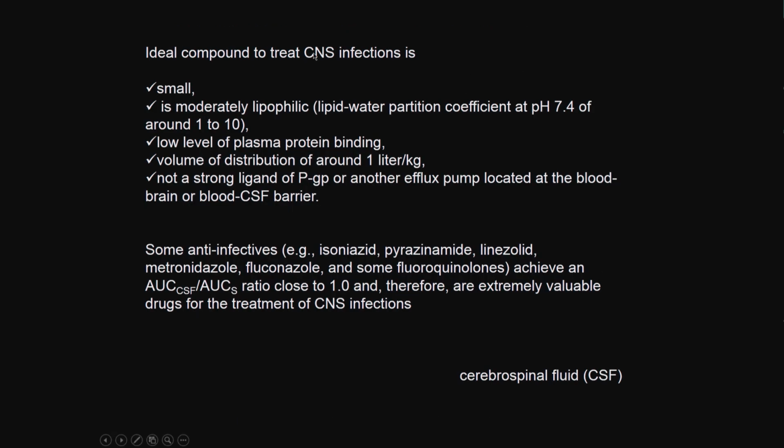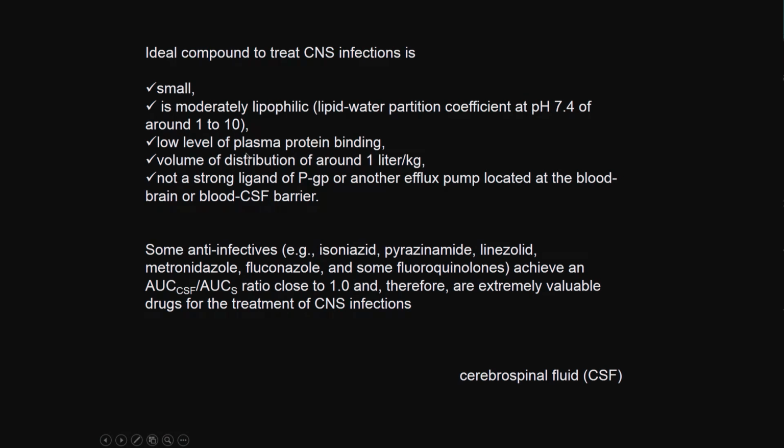Ideal compounds to treat CNS infection, that means if there are any infections in the brain region or in the cerebrospinal region, then we need to have a lot of antibacterials. The molecule should be small and moderately lipophilic, with a lipid water partition coefficient at pH 7.4 of around 1 to 10, and a low level of plasma protein binding.